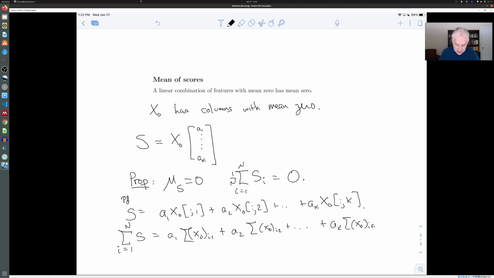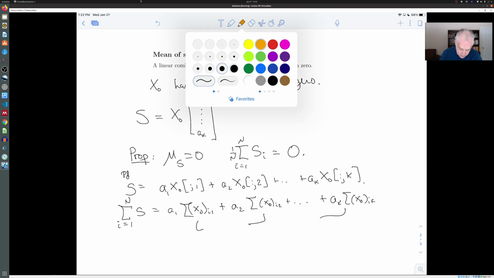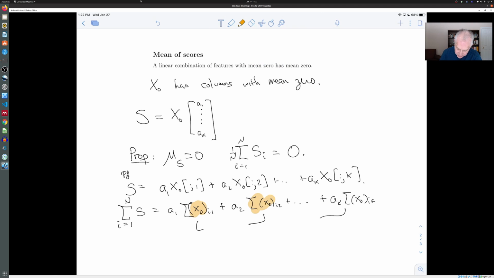Because what we end up doing is summing, in A1, the sum of all the entries in the first column of X0, and then the sum of all the entries in the second column of X0, and so forth. But these sums are all 0, because they're the column sums of X0.